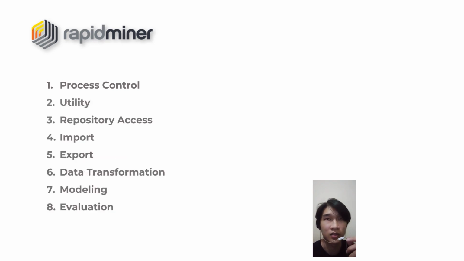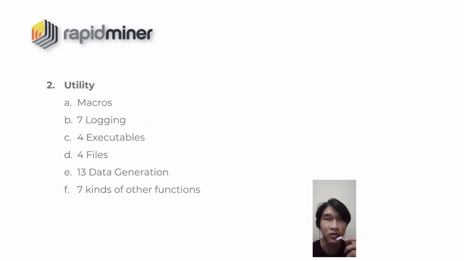And now the next one, at point 2, is utility. This operator function is for the function to give commands according to the needs of the contents. A. It is macros.